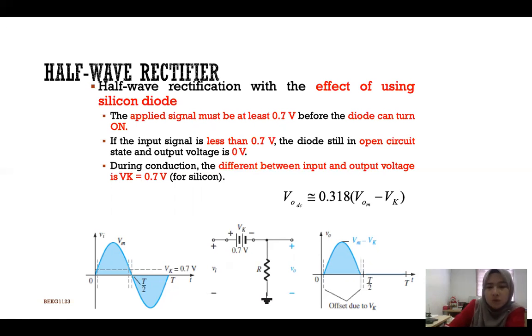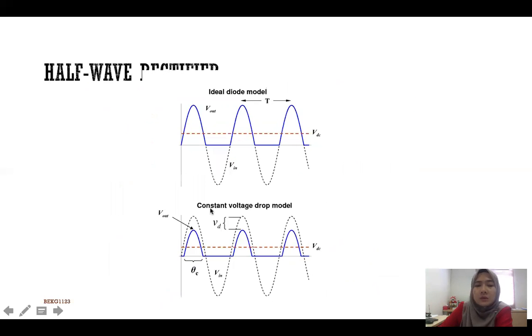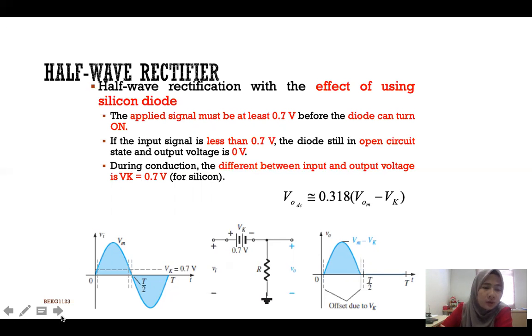So what it means here is that the diode has a knee voltage of 0.7 volt. In the previous slide, for the half-wave rectifier without the effect of silicon diode, this is the input, and the output you will have something like this.